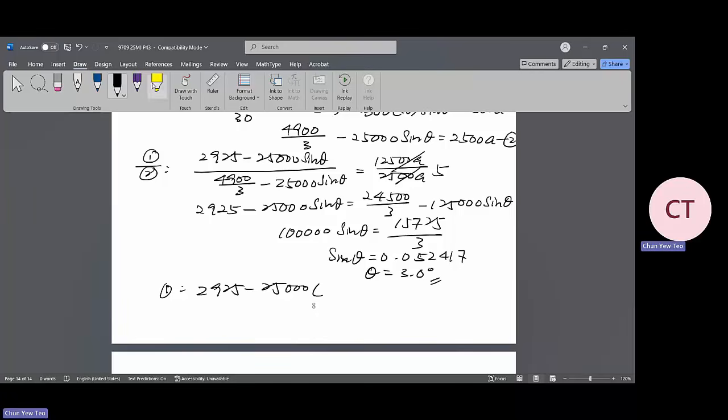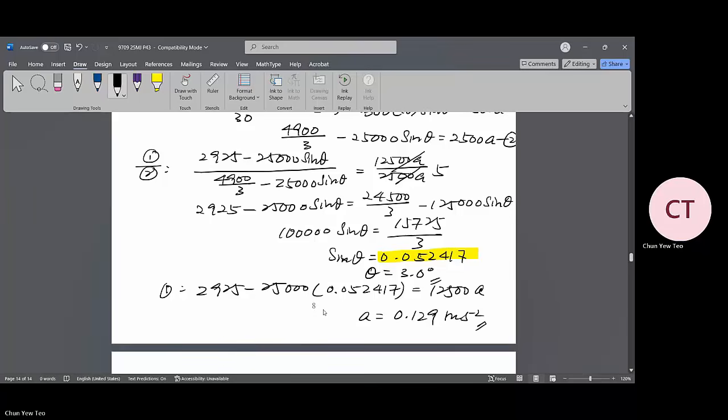I use this value, more accurate, is equals to the 125,000 A. Press a calculator, then you can get your A as a 0.129 meter per second square. Done. This will be the accelerations.